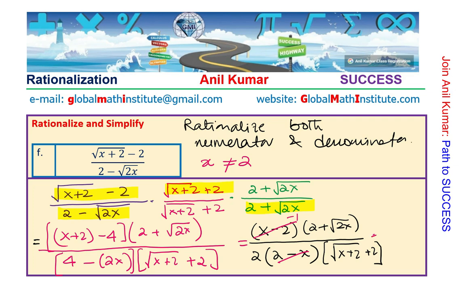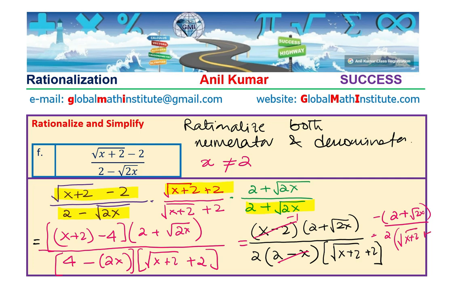So your answer here will be 2 plus square root of 2x, and all this will be minus since we divide this by 2 minus x, and the term in the denominator will be 2 times (square root of x plus 2, plus 2). Makes sense? So I just squeezed it in as the space was not enough to give you the solution. Perfect. So let me rewrite the answer here.